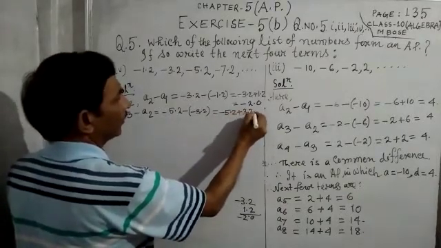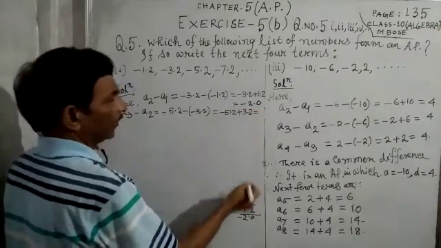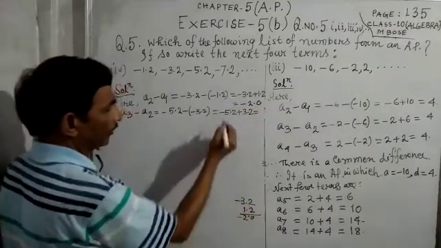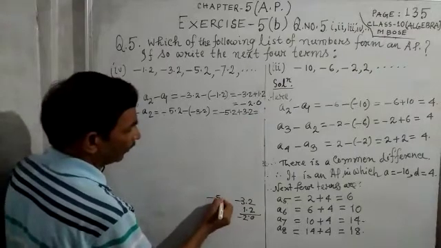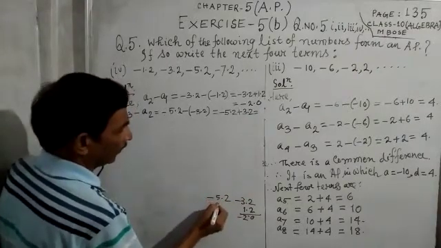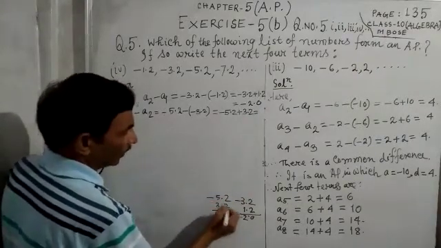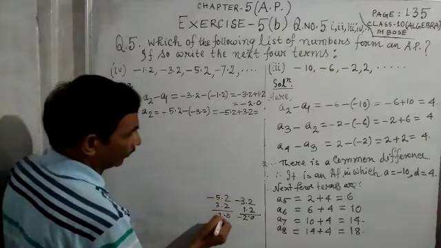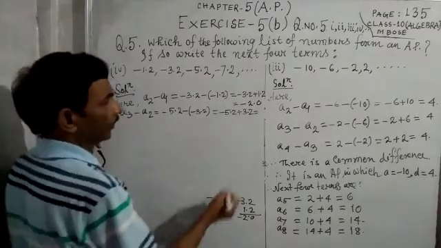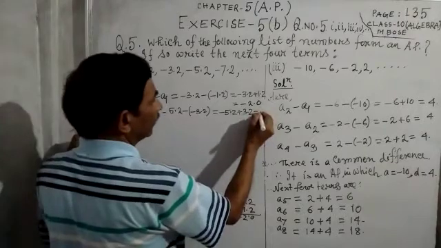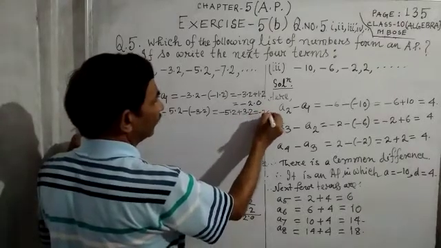If we subtract them, it will come the same. Suppose minus 5.2 and right below 3.2. Subtract here, this is 0, this is 2. The bigger number is minus, so this is minus 2.0. Here also I can write minus 2.0.